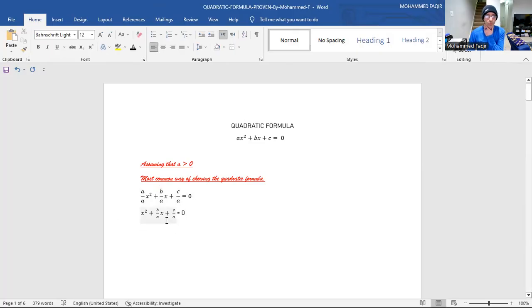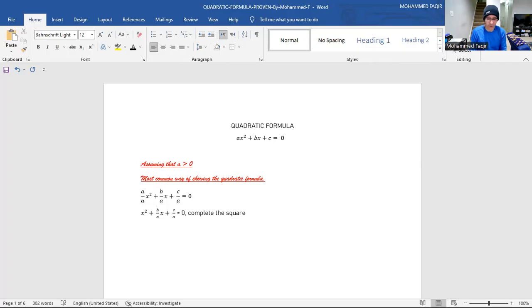So what do we have here? We get rid of the a. So what do we need to do? If someone is familiar with it, complete the square, which I could have done differently as well.